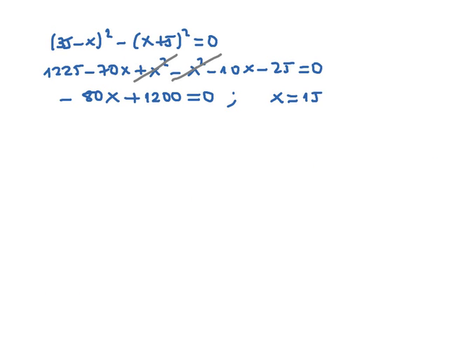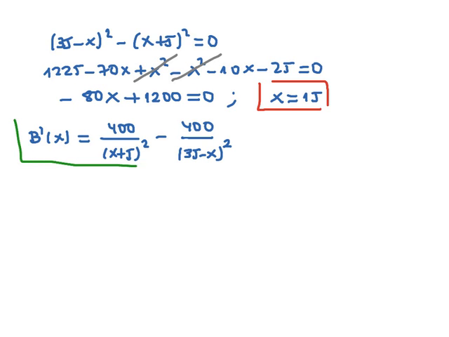Doing the computing, I get that the value of x which makes the first derivative equal 0 is x equals 15. To know if this is a local maximum or minimum, we must calculate the second derivative.